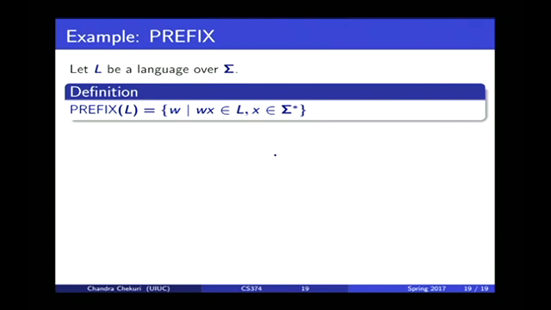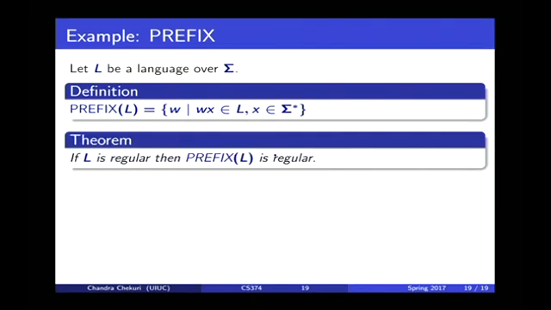Now the question is, I claim that if L is regular, then prefix L is also regular. What is the meaning of this? For any language that is regular, if you look at the language defined by its prefixes, that's also going to be regular. So that means that the set of regular languages is closed under the prefix operation.